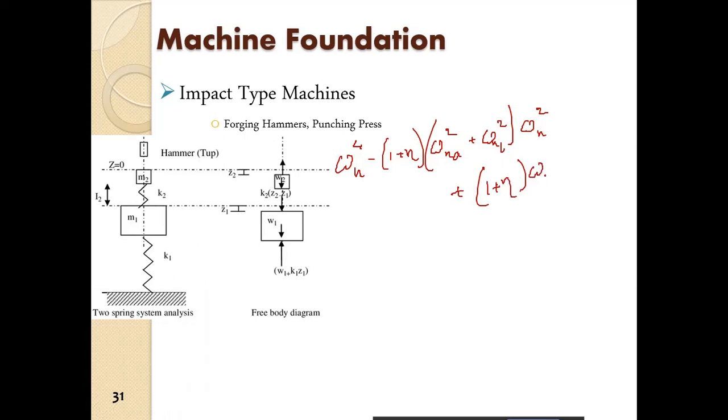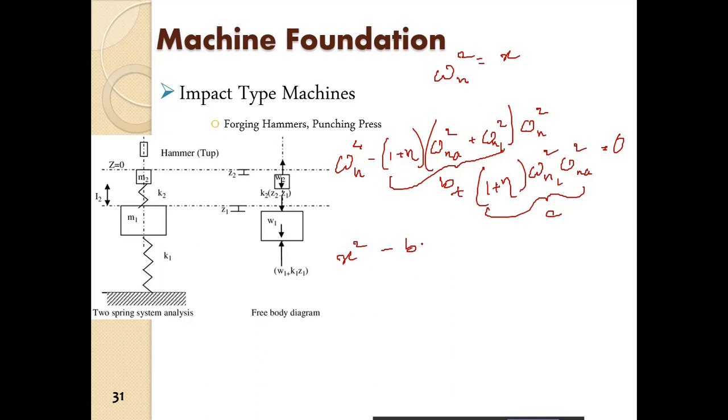And here it will be omega n L square into omega n A square is equal to 0. So this is constant C, this is constant B, and omega n square you can write as x. So here it is ultimately x square minus bx plus c is equal to 0.